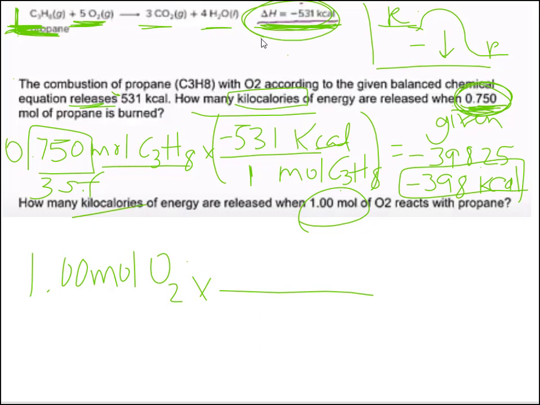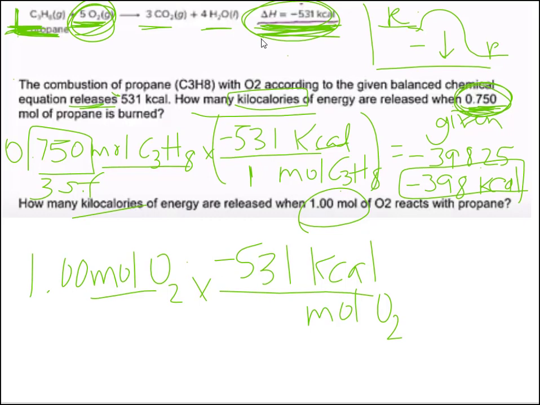What do we want? Kcals. What have we got? We've got moles of oxygen. So we just need to look at this ratio now. Again, same kcals up here at the top, negative 531, for every, over here, 5 moles of oxygen. That's our stoichiometric ratio that's given to us in the problem.